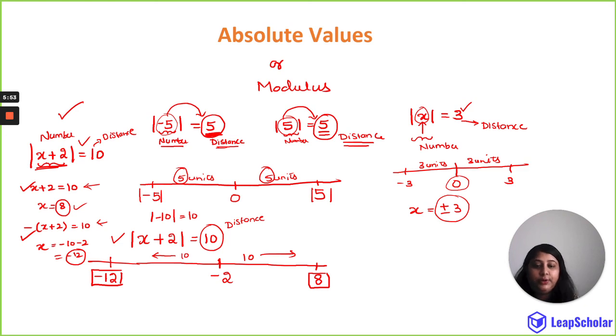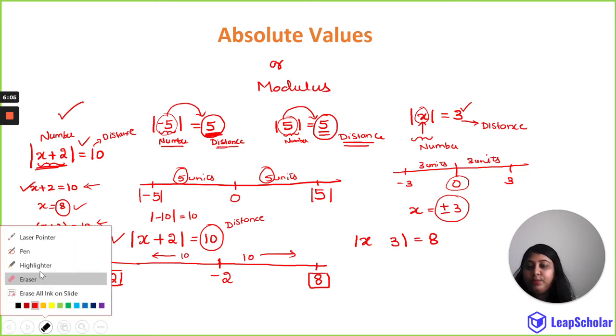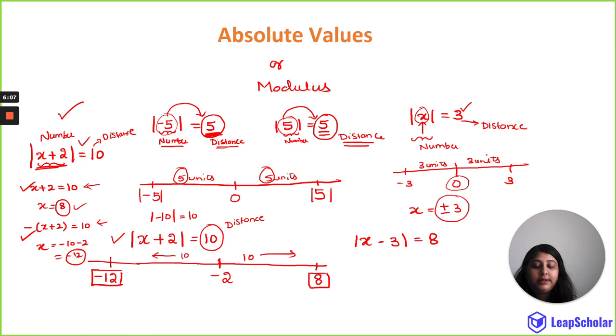Now, can we try one more? Last question. Let's say mod of x minus 3 equal to 8. This time we'll take minus 3 so that it will be easy for you to understand, because last time I took plus 2. If you want to go with the number line method, what will be your reference? Minus 3 means the reference has to be plus 3.